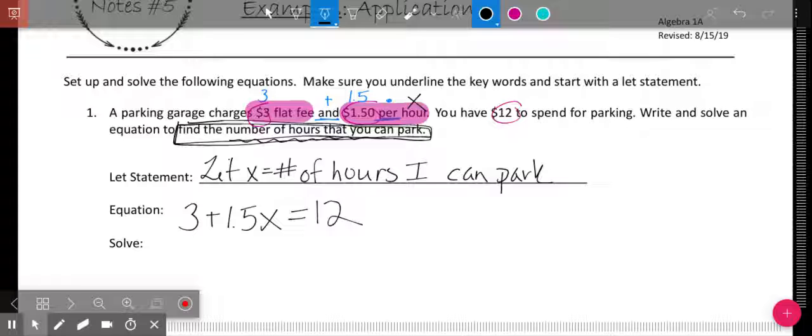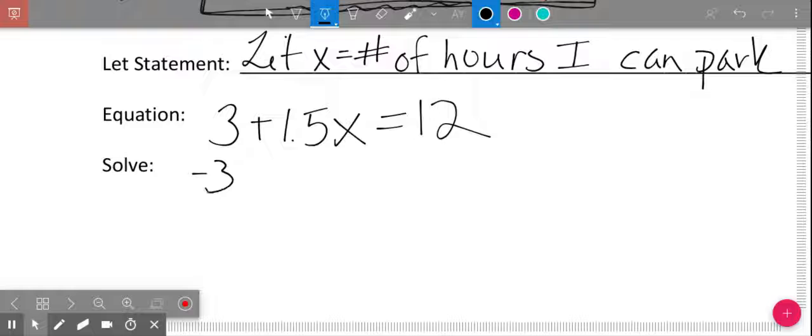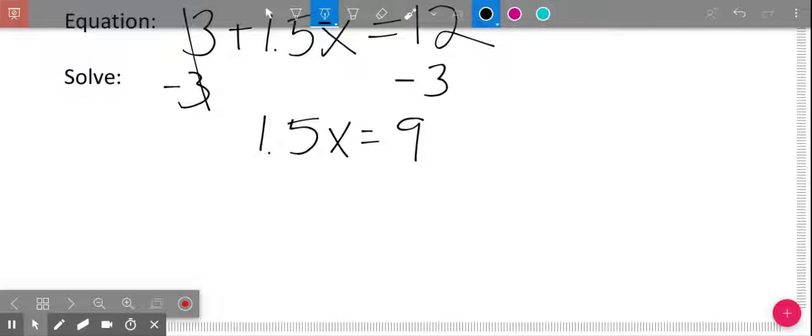So now we're at the very last letter, right at the S. We need to solve the equation. So I'm going to subtract 3 from both sides. That'll go away. I'll have 1.5x is equal to 9. I'm going to divide out the 1.5.